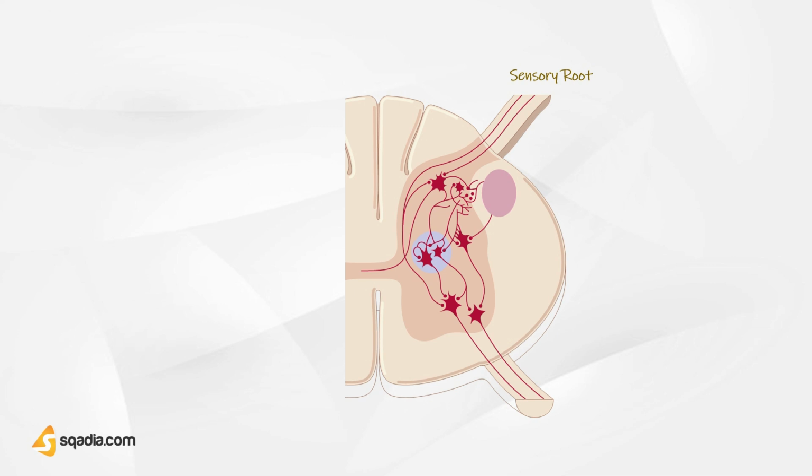Each segment of the spinal cord, at the level of each spinal nerve, has several million neurons in its gray matter. Aside from the sensory relay neurons, the other neurons are of two types: anterior motor neurons and interneurons.